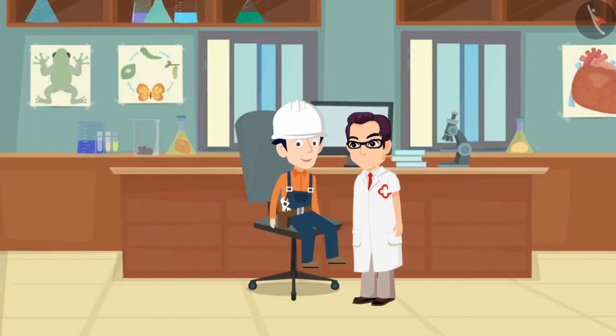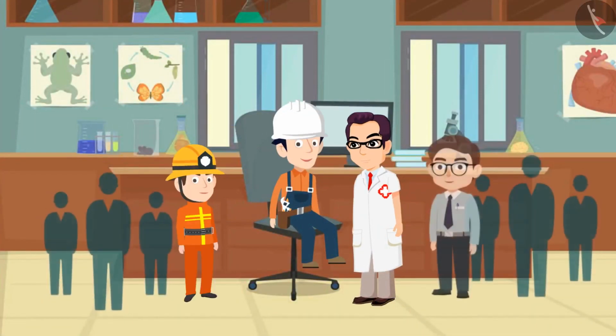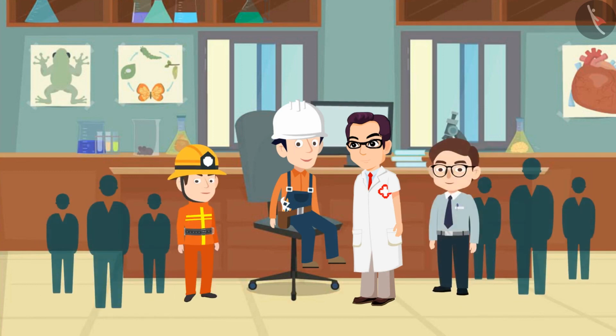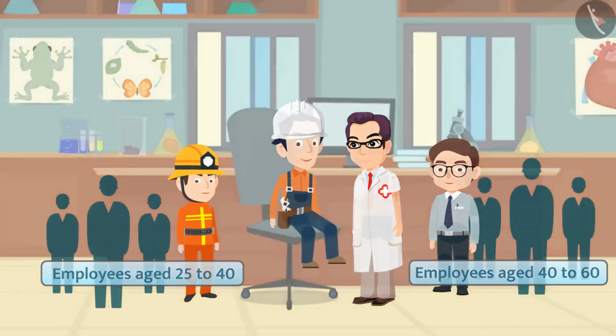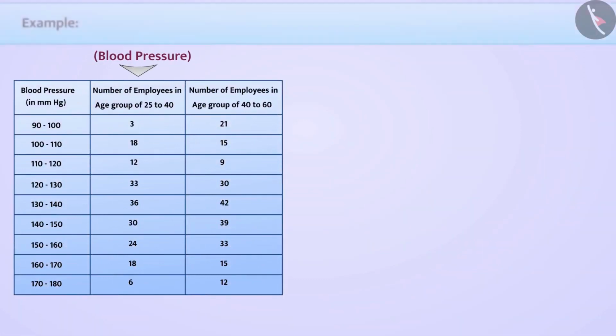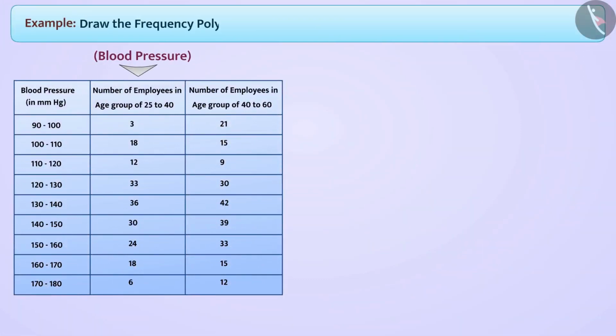The doctor divided the staff into two age groups before examining: employees aged 25 to 40 and employees aged between 40 to 60. After this, doctor examined the blood pressure of all employees and made the report shown. Draw the frequency polygon for the blood pressure of both age groups on the same graph. Pause the video and try yourself first.